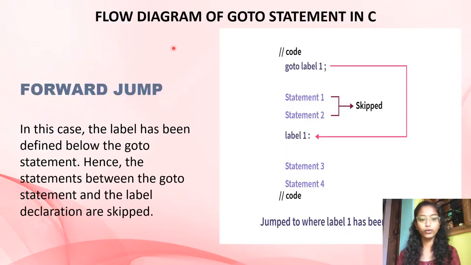And the next is the flow diagram of goto statement in C program. Forward jump. In this case, the label has been defined below the goto statement. Hence, the statements between the goto statement and the label declaration are skipped. Here we can see goto label1. Label1 is the label name we have defined.